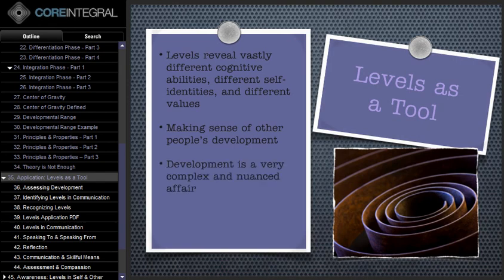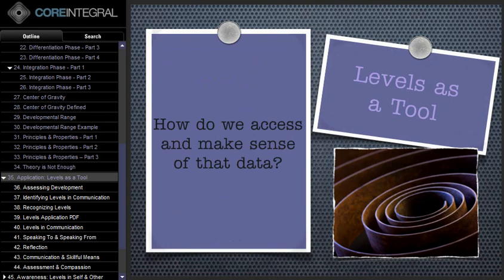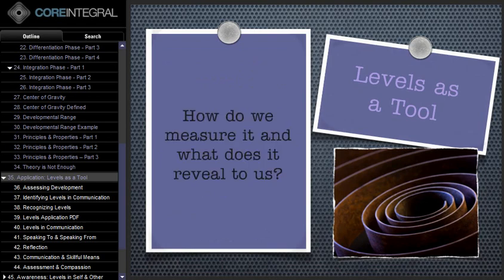As we've seen, development is a very complex and nuanced affair. As such, assessing other people's development is typically quite inaccurate. What do we use as data? What people say? What they do? How they think? And what do we access to make sense of that data? How do we measure it, if you will, and what does it reveal to us?